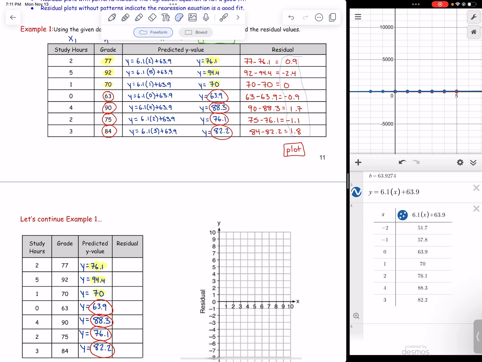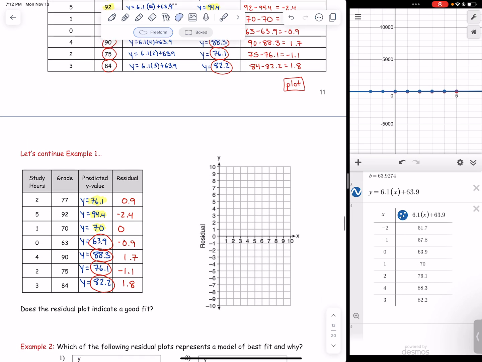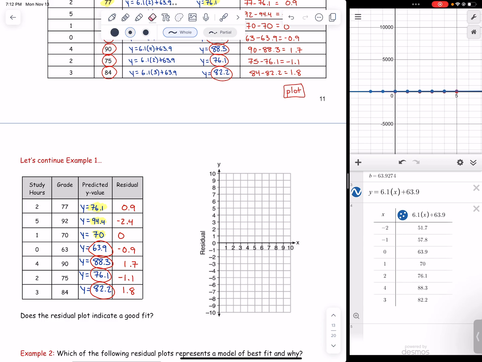I'm going to try to nicely copy that down here. Let me fix it. Okay, let me try that again. Copy and paste, so that way we can just be focused on this page. Okay, so now we have our predicted values and our residual values.